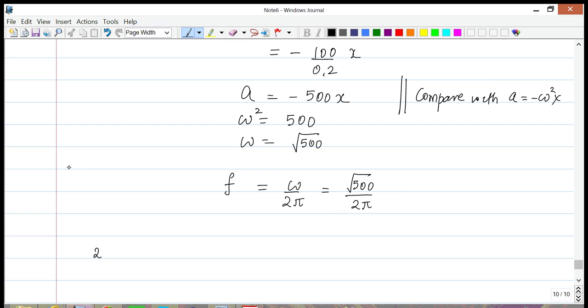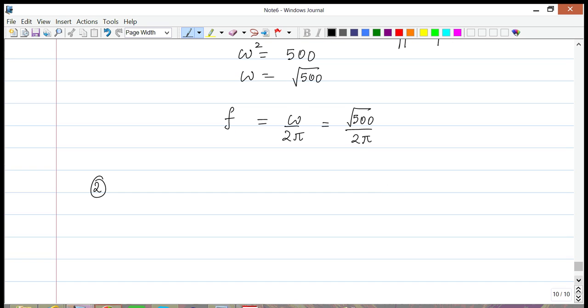Part 2 is asking for the maximum speed. If you recall your equations, v happens to be equal to negative A times omega times sine of omega t plus phi. So clearly the maximum speed is equal to A times omega, the amplitude times omega. Now in this problem, how much is the amplitude?